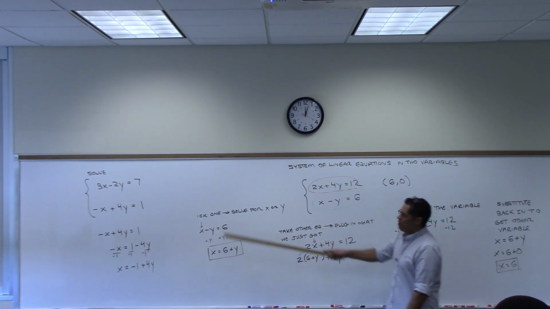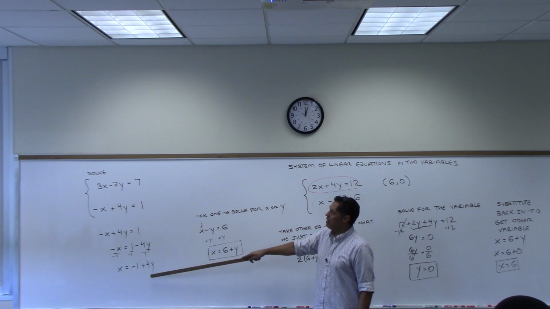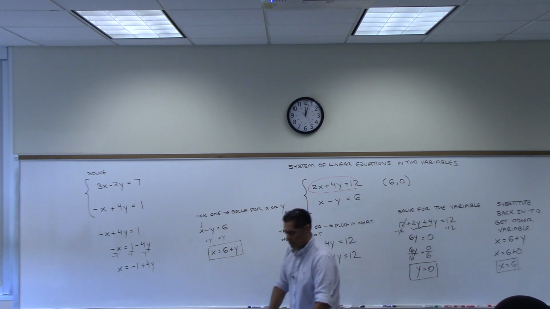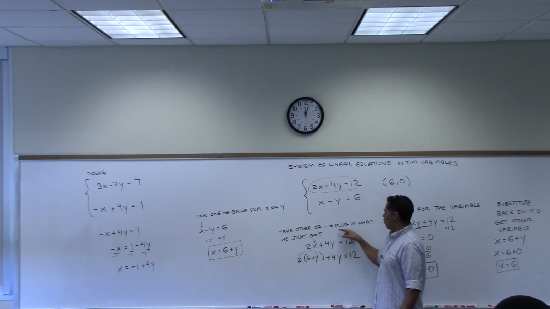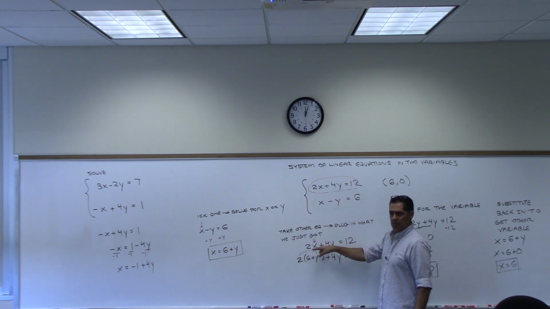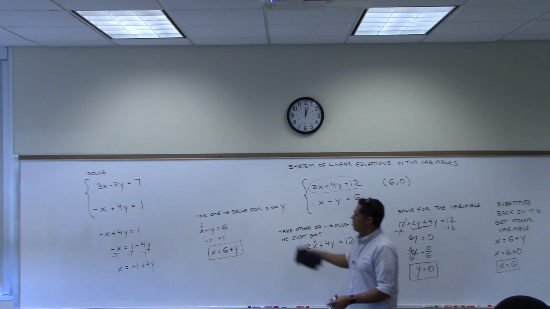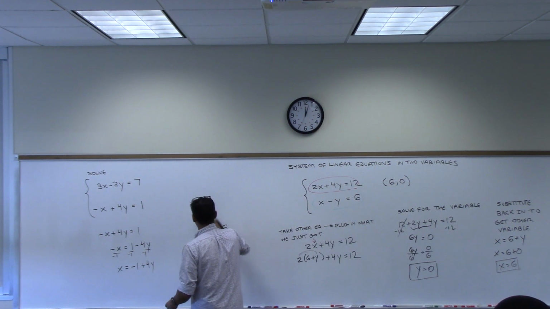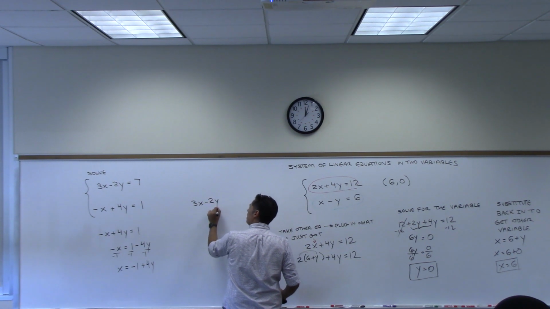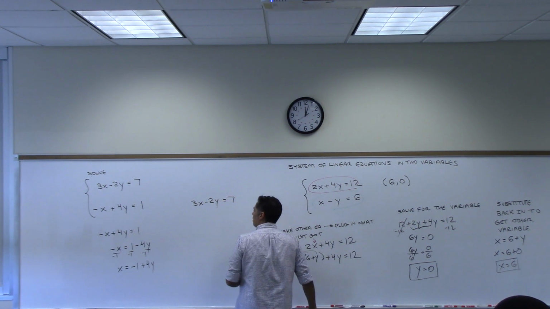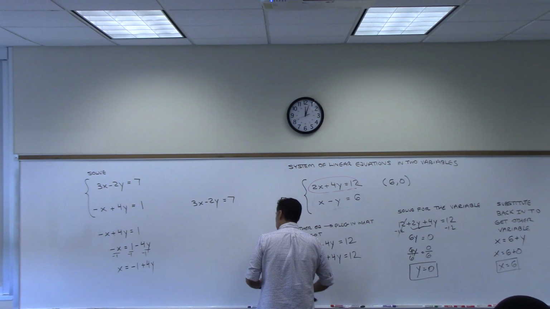Okay, so we picked one of the two. We solved for one of the variables. Now, take the other equation and plug in what we just got. The other equation is 3x minus 2y equals 7. And I want to replace what?